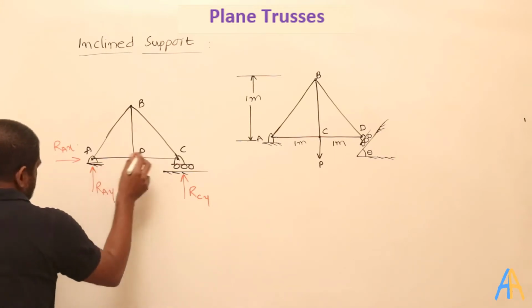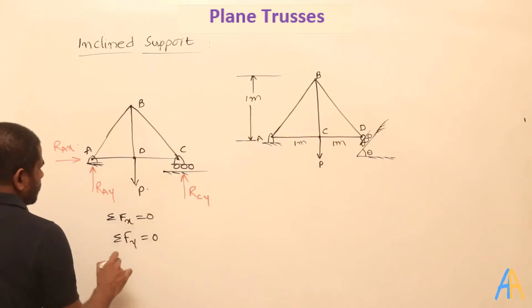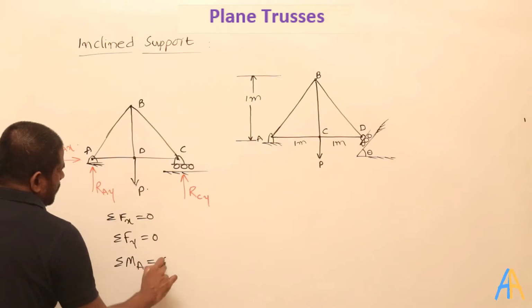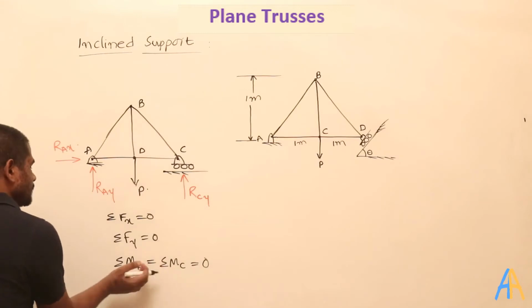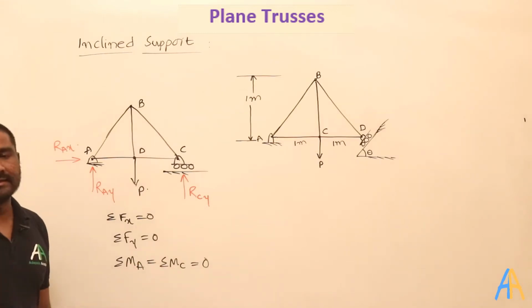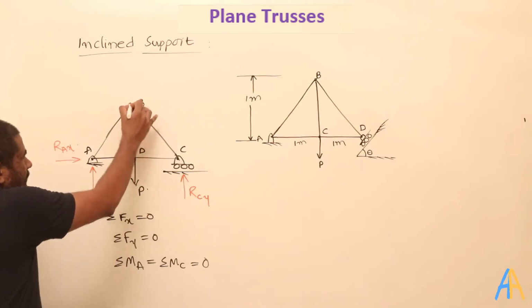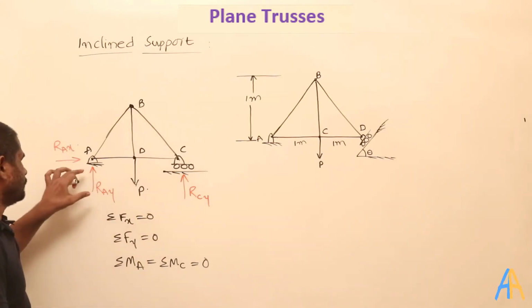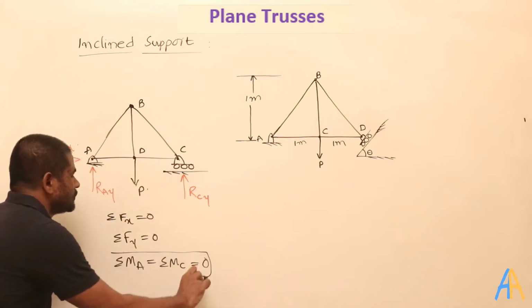There are two reactionary forces at A, and we can find them by using sigma Fx equal to 0 and sigma Fy equal to 0, and another one is sigma M at either point A or point C equal to 0. This is valid at any junction, because all these junctions are connected with the revolute joint, but since we have the reactionary forces only at the junctions A and C, that is why we generally use these.